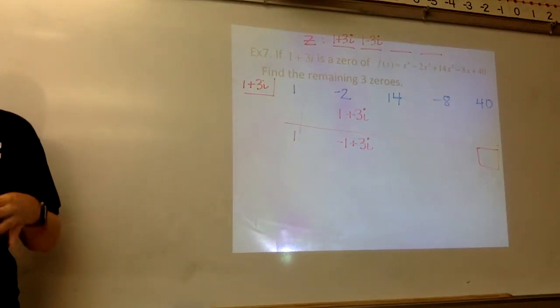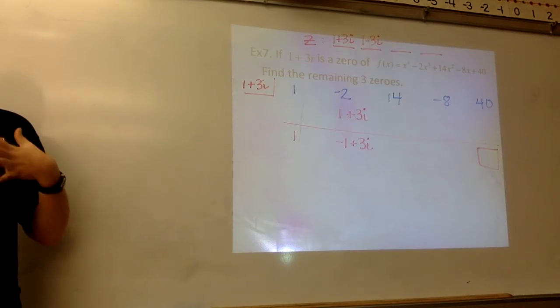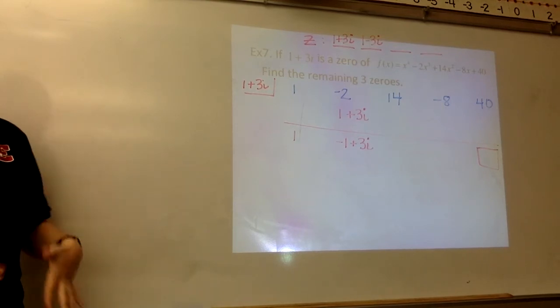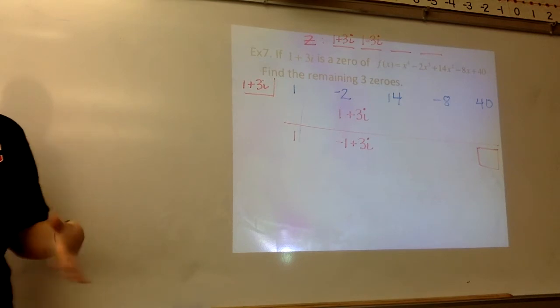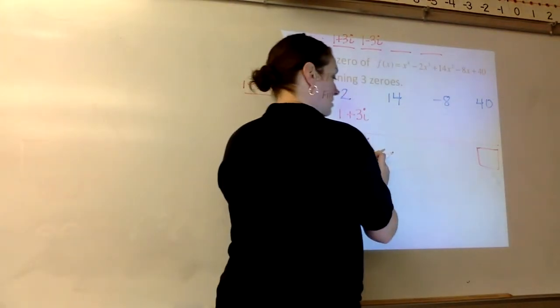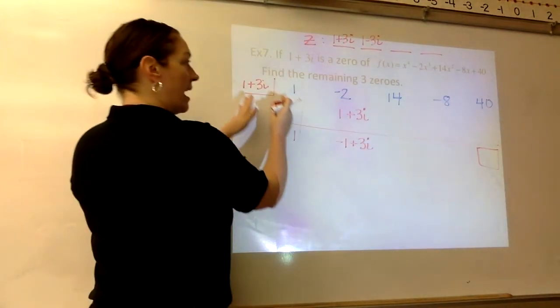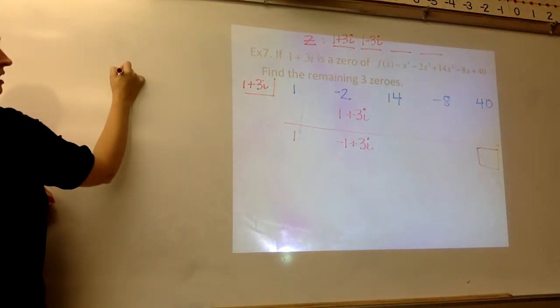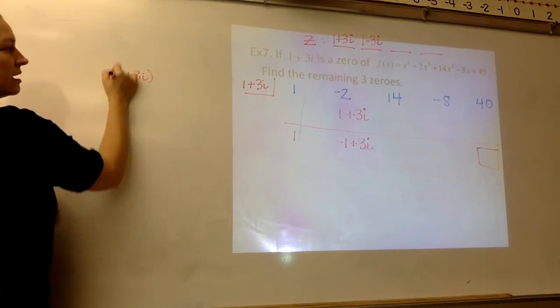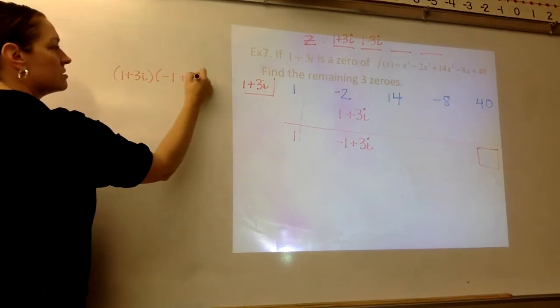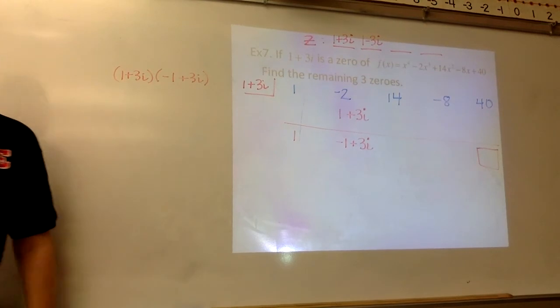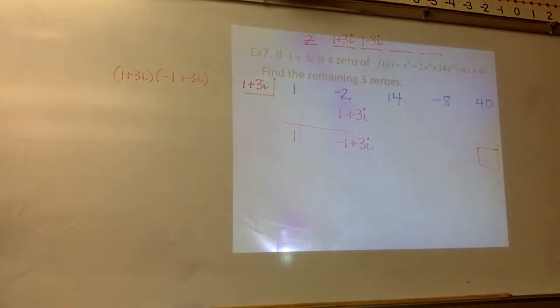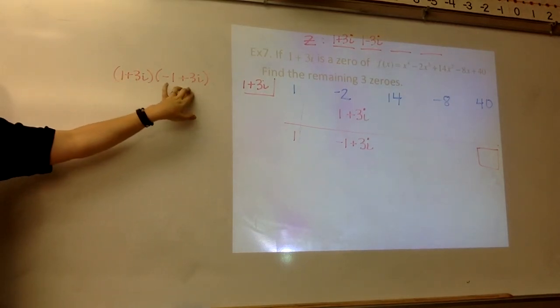This is where the panic starts to ensue. I can feel it coming, the anxiety. Just take a breath. What's our procedure say? Take the number in the bottom and multiply it by what's up top here, correct? So I'm going to do that work on the side over here. 1 plus 3i times -1 plus 3i. I know it's not the same, but do you see this as difference of squares? If I reorder these a little bit on the insides, it's difference of squares.